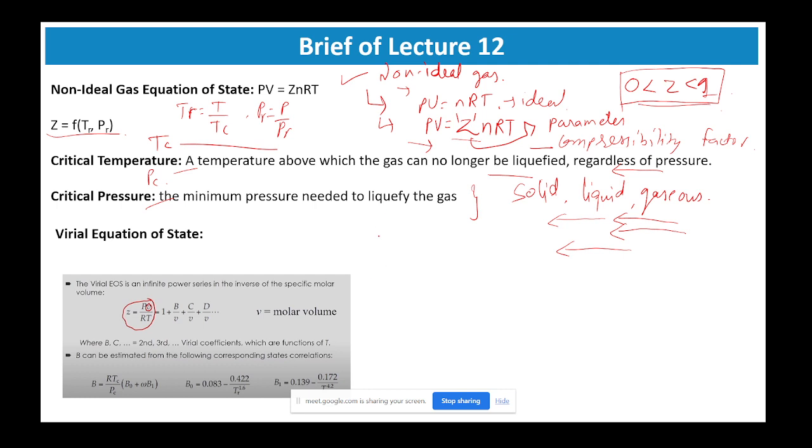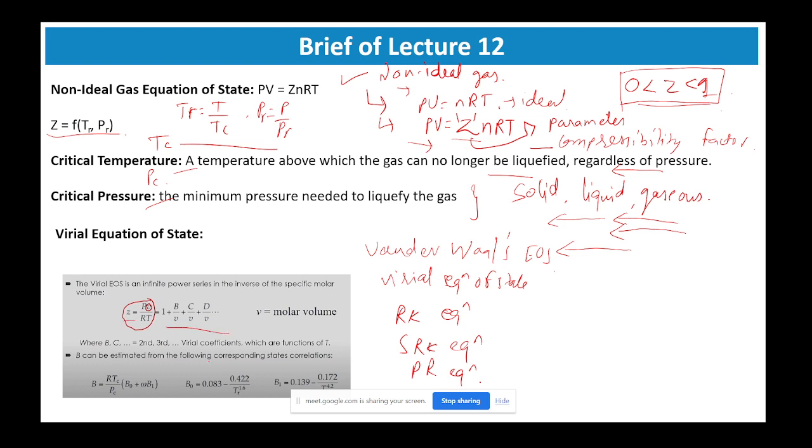So there are certain equations like van der Waals equation of state, virial equation of state, then there is RK equation, SRK equation, Peng-Robinson equation. Okay, so here I have just highlighted one of the equations. How does it look? Say for example, virial equation of state. So the Z is related to volume in this manner.